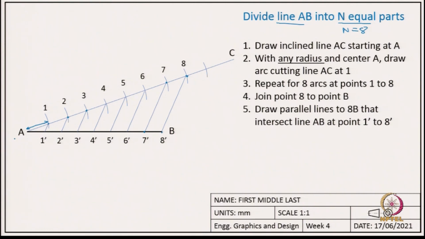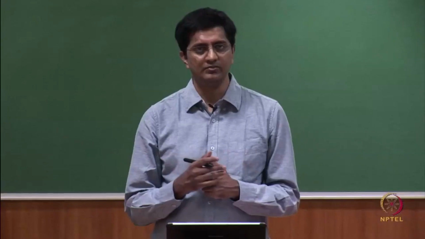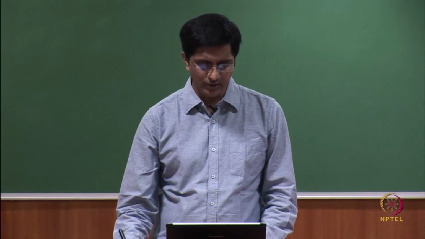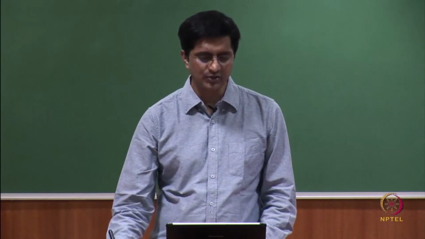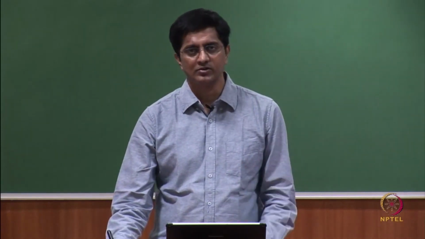So, I said here I have chosen it to be 8. You can choose it any number you want. Only thing is you need to remember that the number of arcs should be equal to the number of parts you need to make.